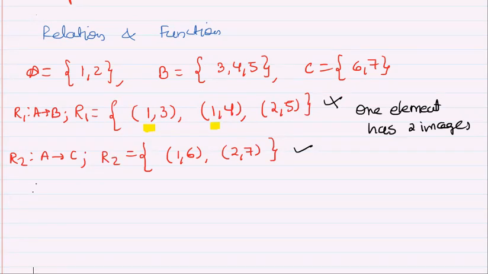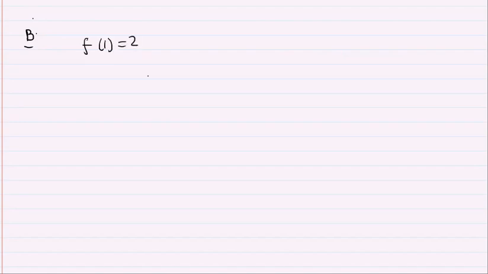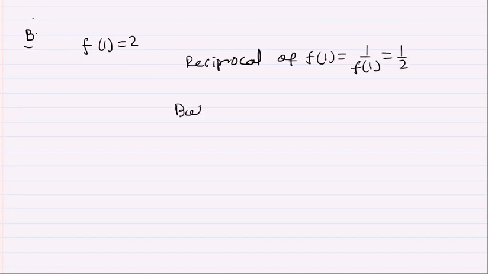So now we come to the second part. What is that? The second part is reciprocal and inverse. So if you have been given f(1) equal to 2, the reciprocal of f(1) will be 1 by f(1), which is 1 by 2, but the inverse will be f inverse of 2 equal to 1.